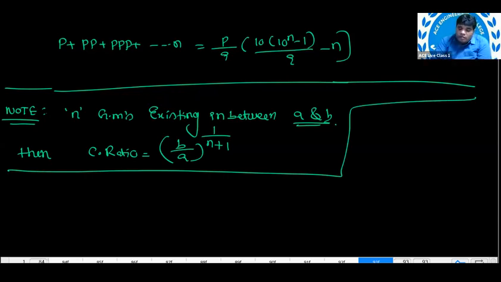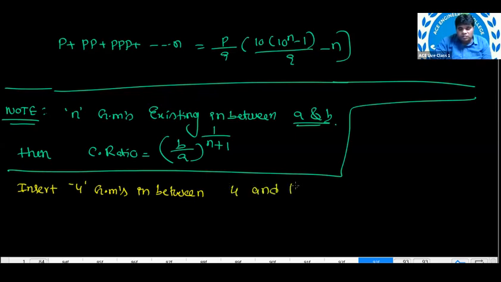Next, insert 4 geometric means in between 4 and 128.